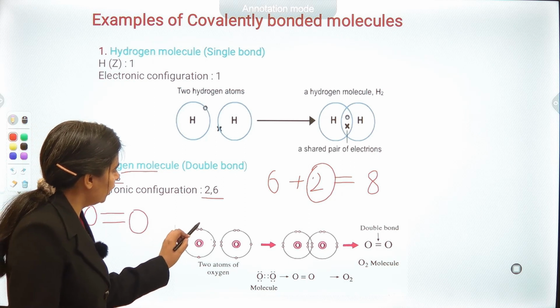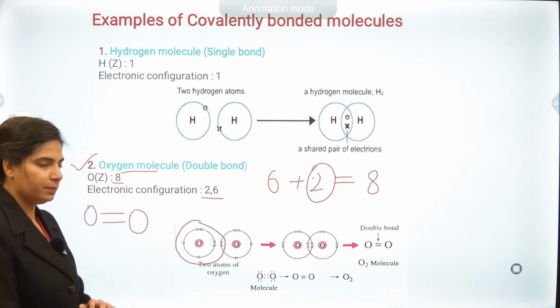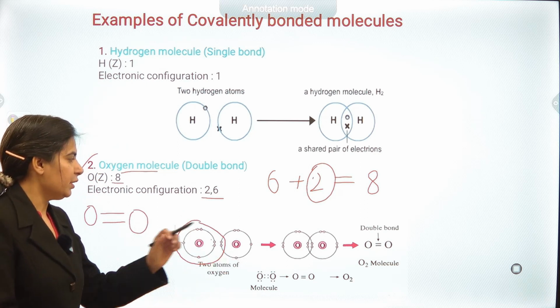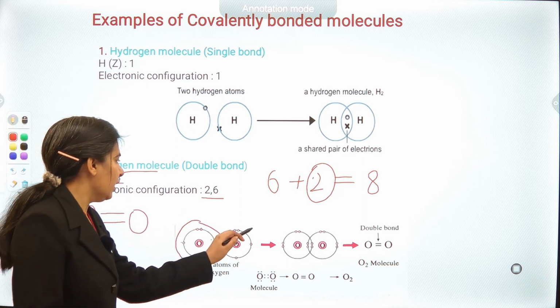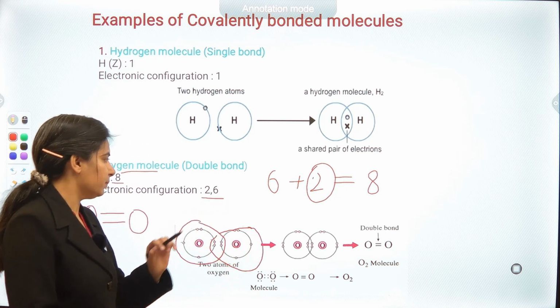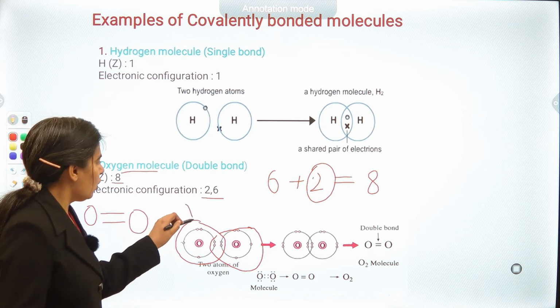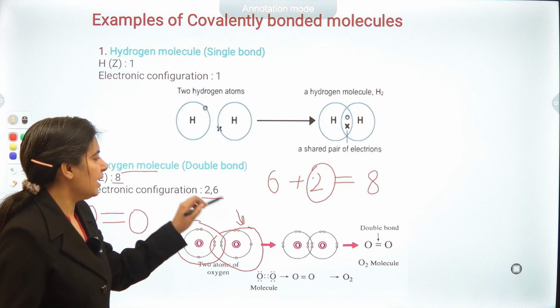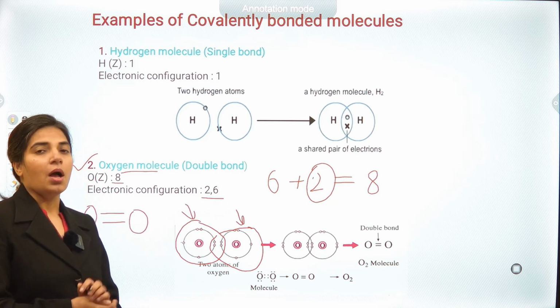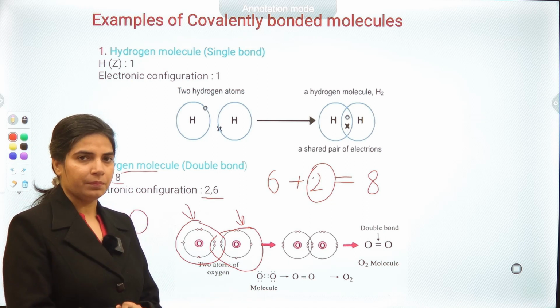Oxygen will share 2 electrons of the neighboring atom. Same, this oxygen will also share the 2 electrons of its neighboring atom. And collectively, each oxygen atom is having 8 electrons by the sharing of 2 electrons from the neighboring atom.